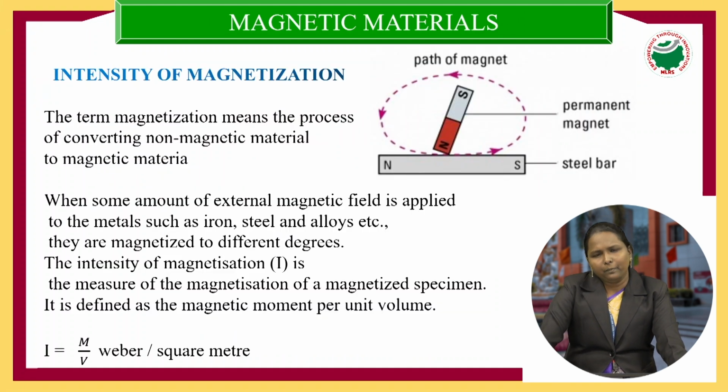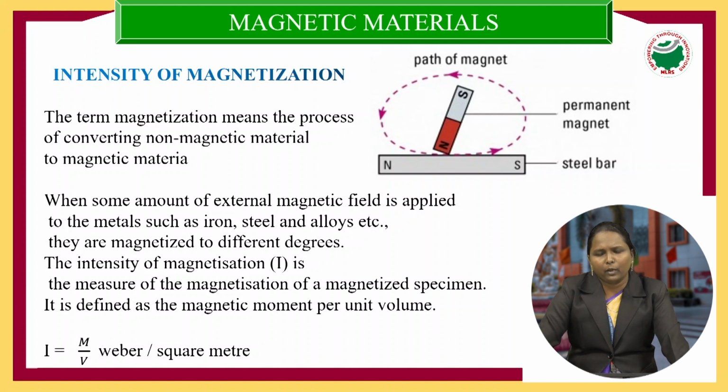Next one is the magnetization or intensity of magnetization. So what is magnetization? Magnetization is the process of converting a non-magnetic material into a magnetic material. How are magnetic materials created? By this process. Here we convert the non-magnetic material into a magnetic material by applying an external field to it.